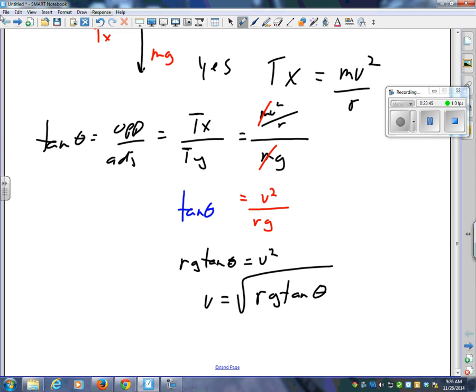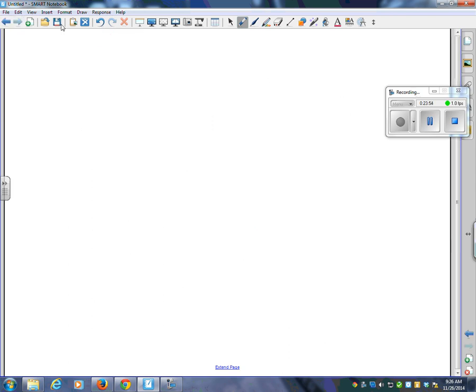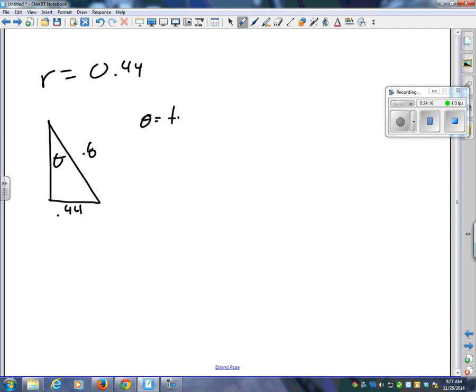Okay, so we're going to say radius is 0.44. How am I going to get the angle? Well, here now I can actually use the length of the string, which was 0.8 meters. So now I can find theta by going, not inverse tan, inverse sine, 0.44 over 0.8.